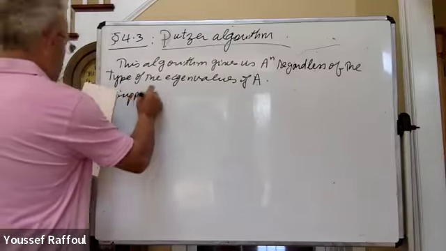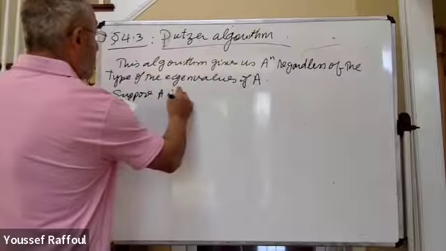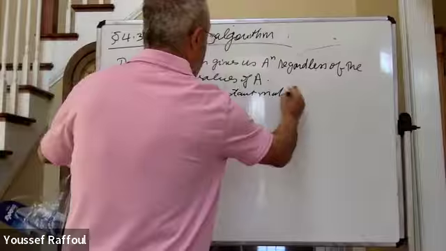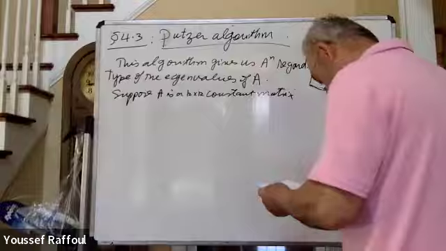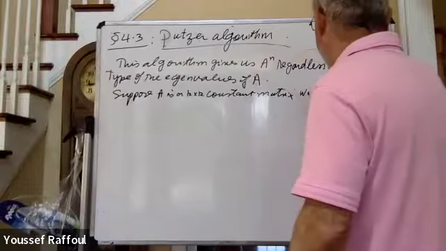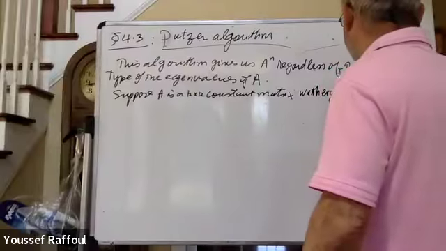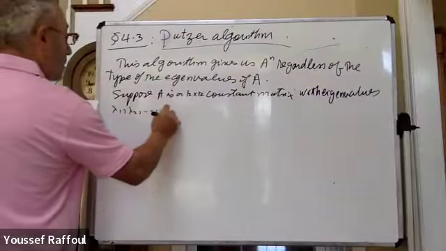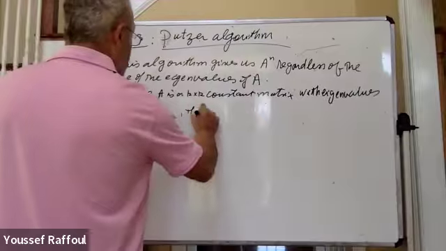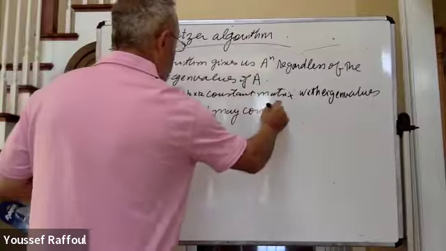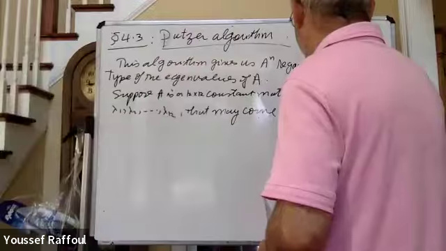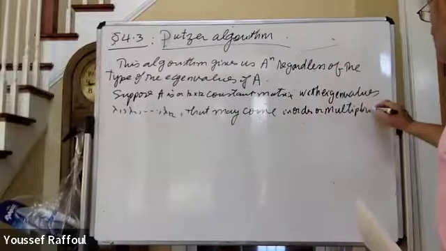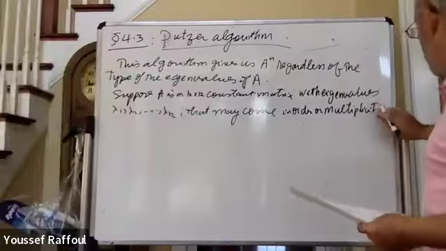Okay, so here's what it says. Suppose A is a k by k constant matrix with eigenvalues lambda 1, lambda 2, lambda k that may come in any order or multiplicities.